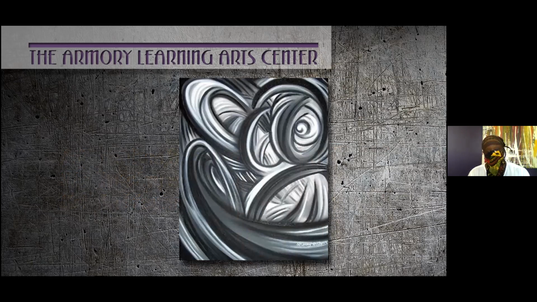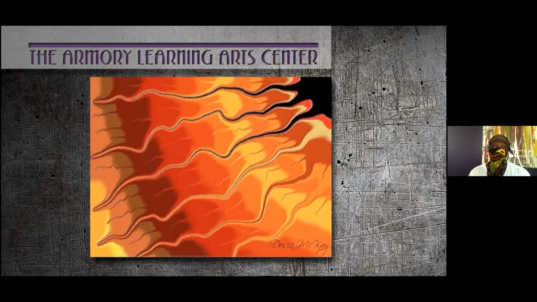Like in this design, he uses oval shapes, similar shapes and similar colors. In this design, the artist uses those squiggly lines which indicate electricity or movement, and the colors indicate heat radiating. So that's another way to do that.